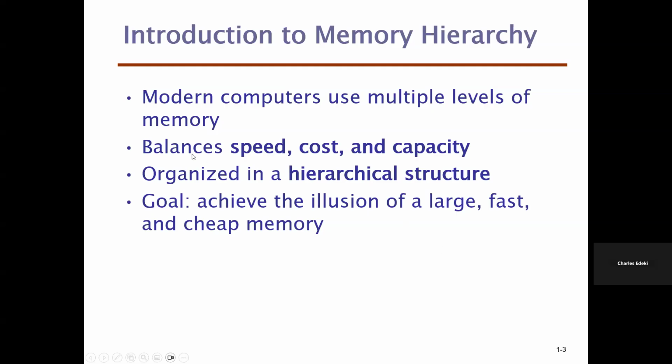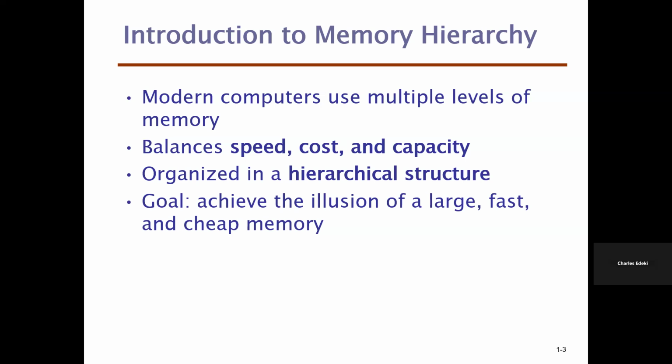But the goal of computer architects is to balance it. So we need to balance the speed, cost, and capacity. As we saw, it is organized in a hierarchy structure. The top is fastest, most expensive, and also smaller in size. So the fundamental problem here is the trade-off.